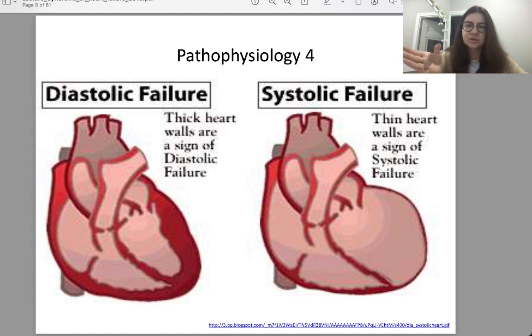And in systolic heart failure, thin heart walls are more typical, which is a sign of systolic failure, that can't constrict completely and perform the function of the heart as a pump.